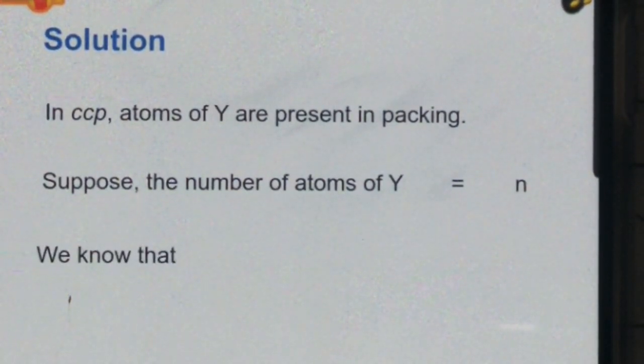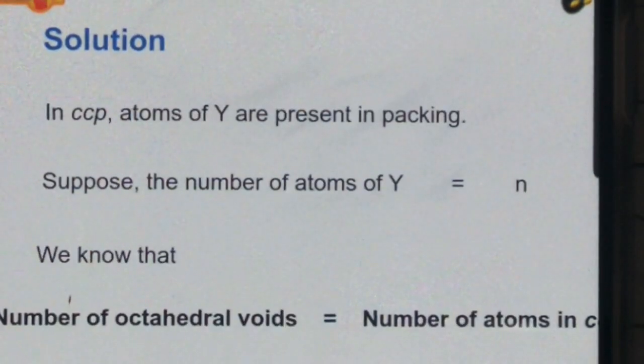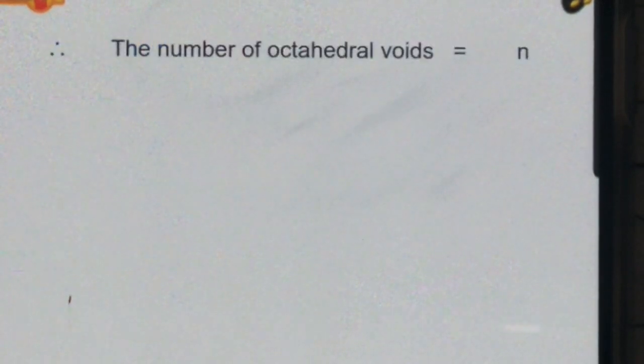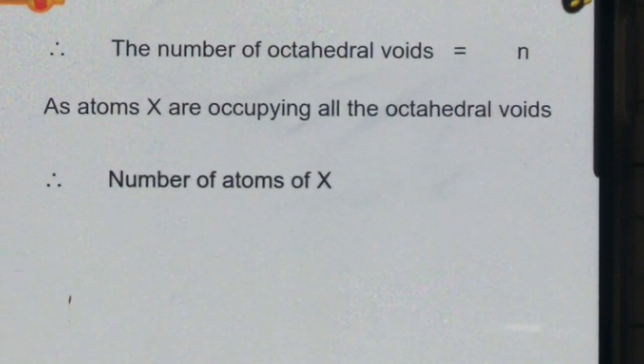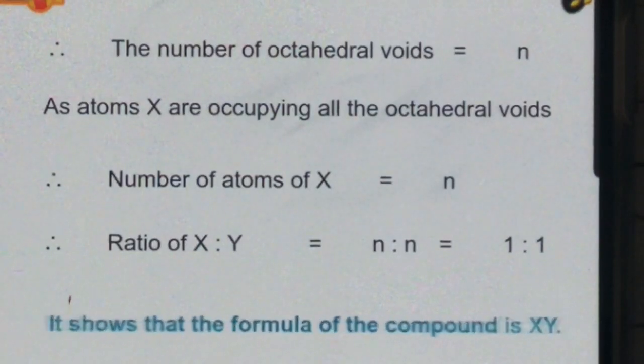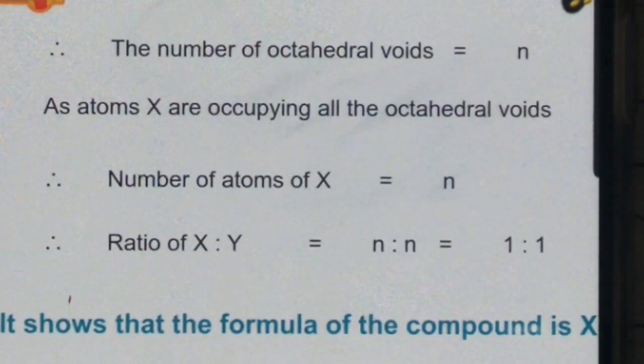Now, we know that the number of octahedral voids is equal to the number of atoms in CCP. Therefore, the number of octahedral voids is equal to n. On solving, we will get the formula of the compound. XY is the formula of the compound. They are in a 1:1 ratio.